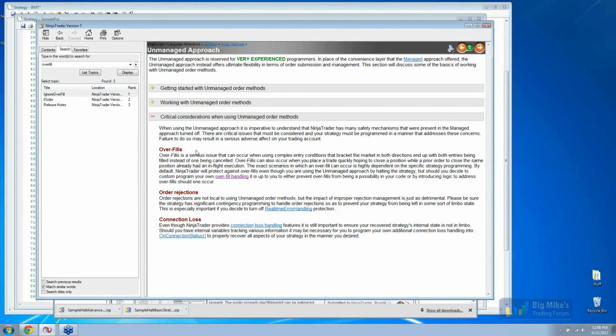Overfills generally happen, or I find it most common, when someone's trying to reverse their position or bracket their trades with high frequency trading. What happens is that, let's say you bracket your trade with a profit target and a stop loss, but your strategy is just constantly switching back and forth the position, or it's constantly hitting a profit target, getting into a new position, and then doing something again.